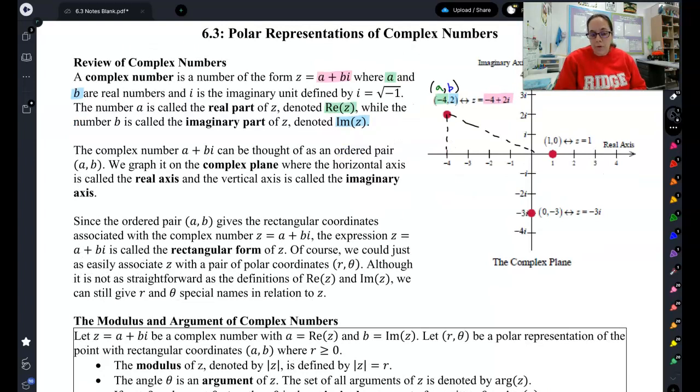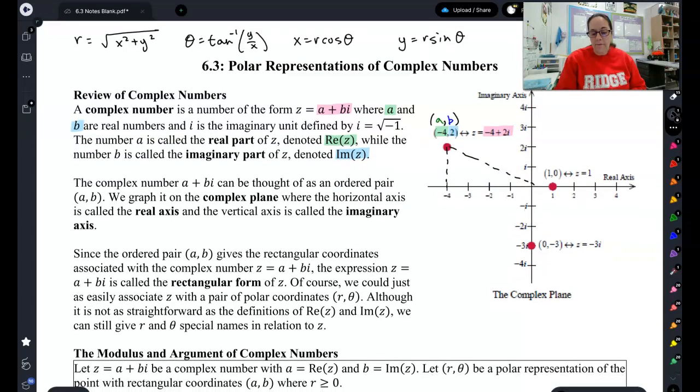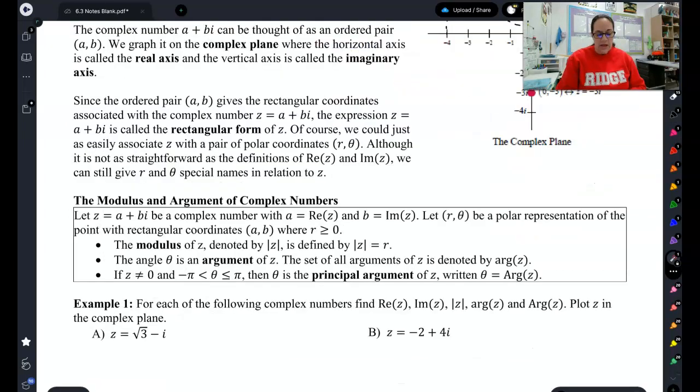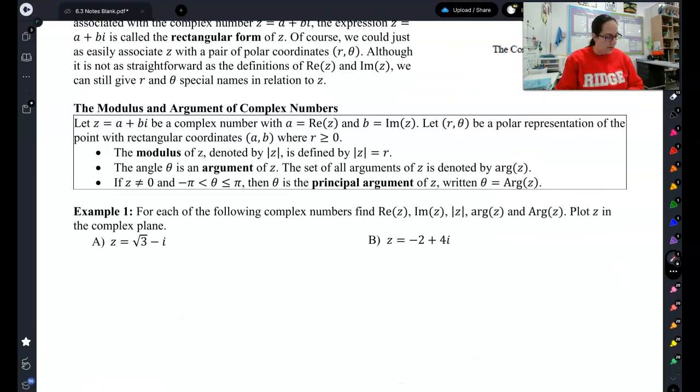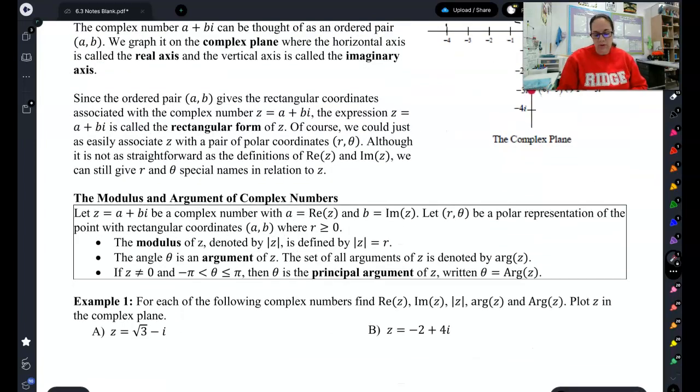Now, before we start finding r and theta for these imaginary or complex points, let's talk about a couple more important vocab words. First off, when your complex number is written as a plus bi, we call that the rectangular form. If it's written as r comma theta, we call that the polar form.